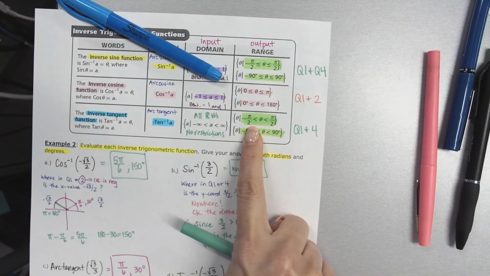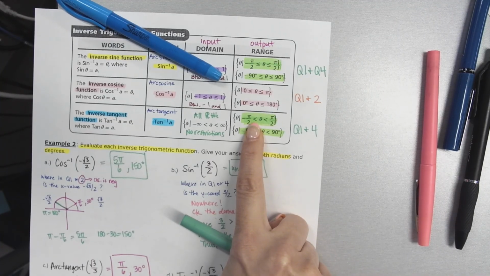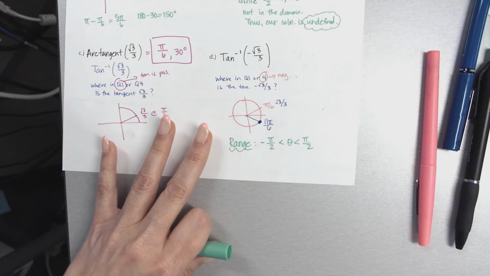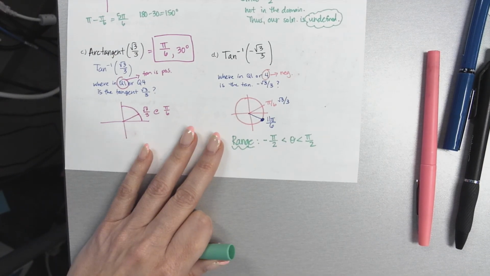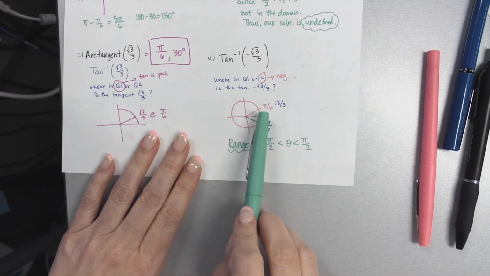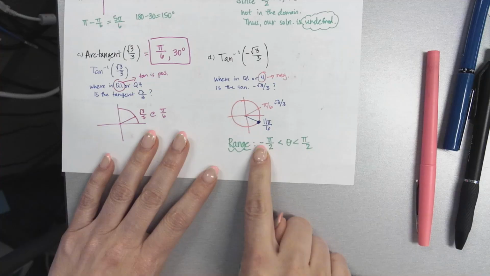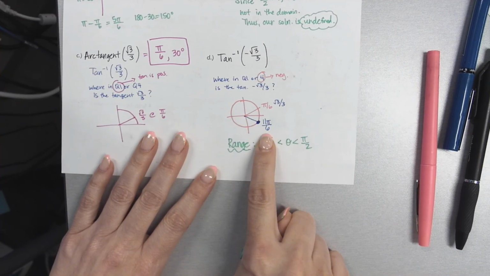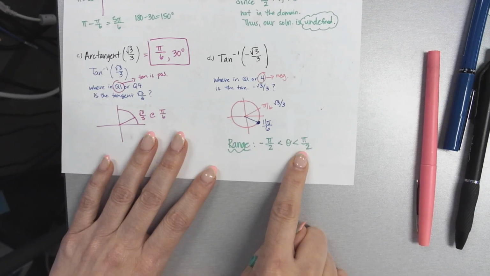And just so you know, the reason why it's less than here is because what happens when it's equal to? What did we explore today? When it was at pi over 2, what was the tangent? Undefined. That's why they don't put the equal to, okay? Not a huge deal. Okay, so that means you have to be in between these. This is a negative half of a pi, and this is positive half of a pi. 11 pi over 6, that's bigger than that.